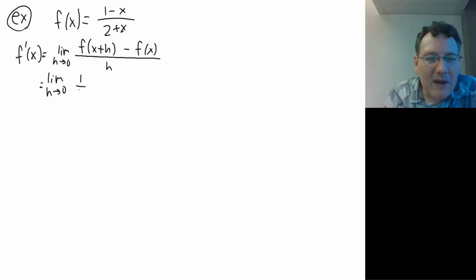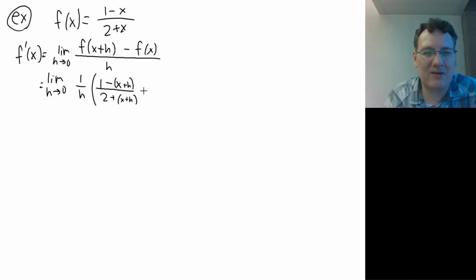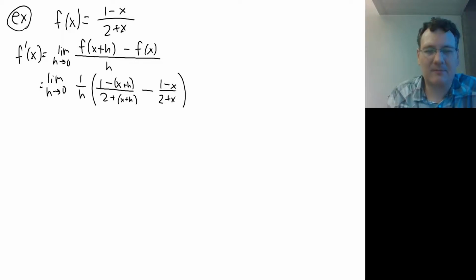I'm going to put 1 over h times 1 minus x plus h over 2 plus x plus h. That's my first fraction, minus 1 minus x over 2 plus x. You see, I'm putting the 1 over h out front because I don't like having fractions on top of fractions. I'll have it as 1 over h times this difference.